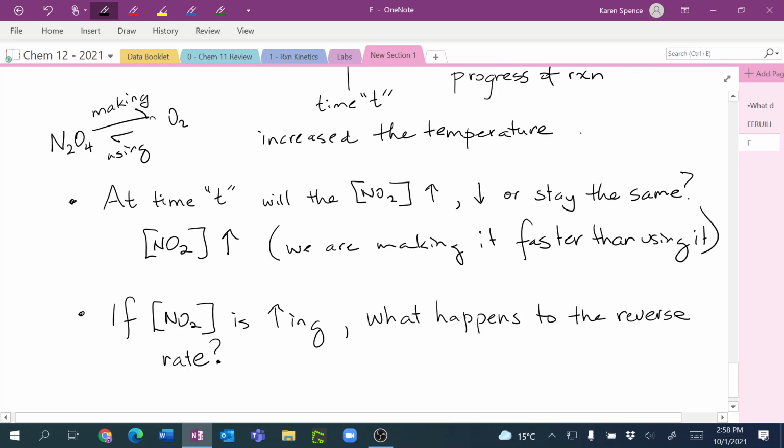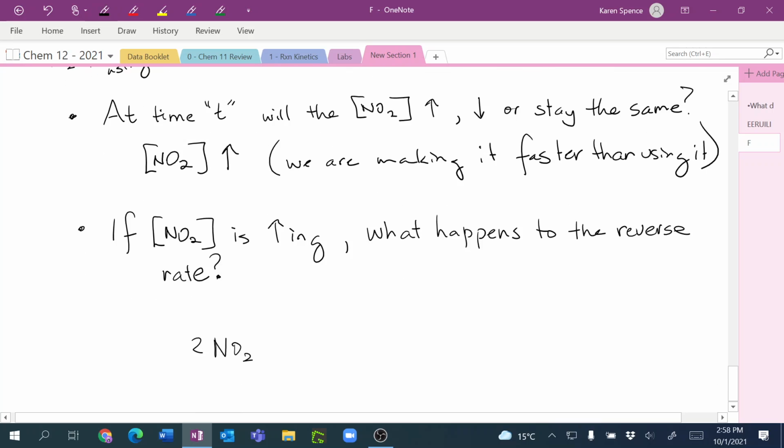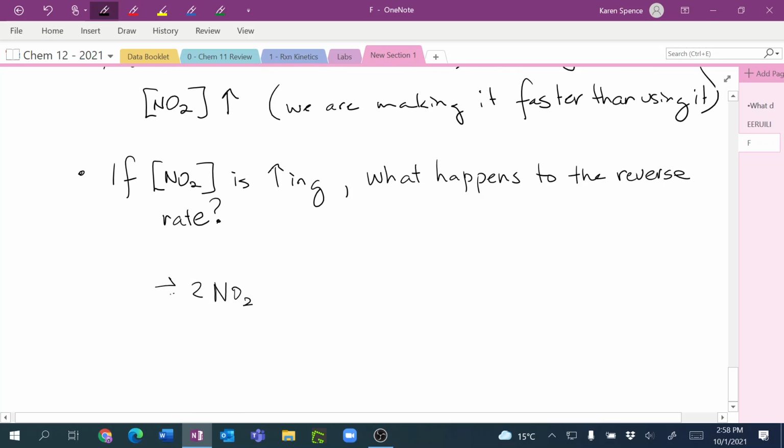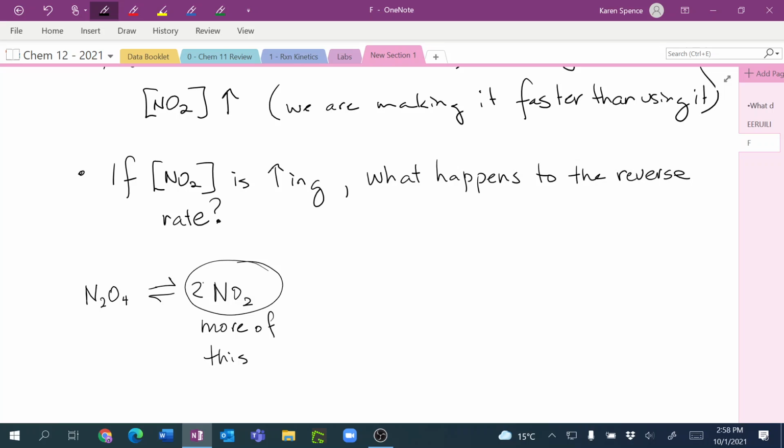There we go. 1, 2, and 2. So if I have more of this, as time is going on, my NO2 is increasing. I've got more of it.